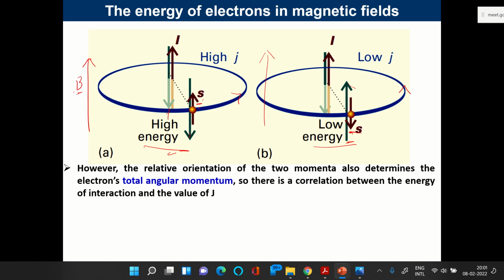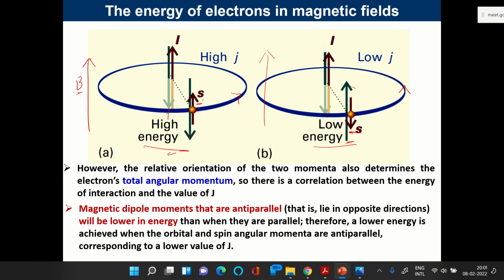So the conclusion is that magnetic dipole moments that are anti-parallel will be lower in energy, and when the spin and orbital magnetic dipole moments are parallel, the state will be higher in energy.